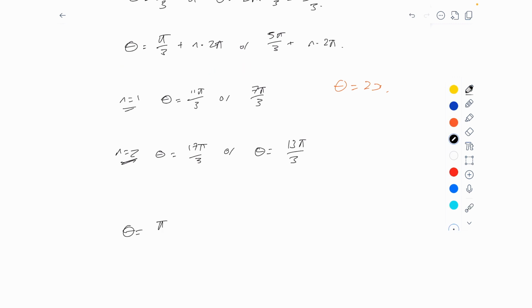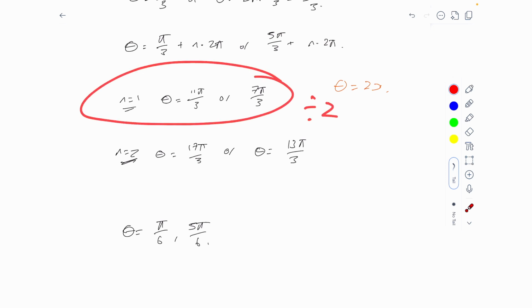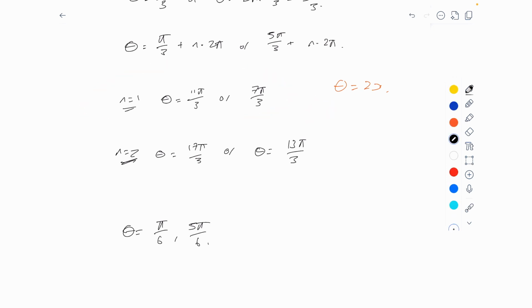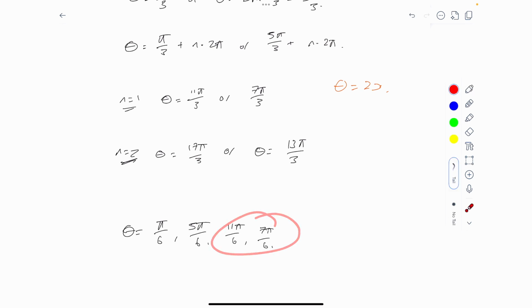We get pi over 6 and 5 pi over 6. Still within bounds of 0 to 2 pi. If we divide these by 2, we get 7 pi over 6 and 11 pi over 6. Okay, within the bounds.